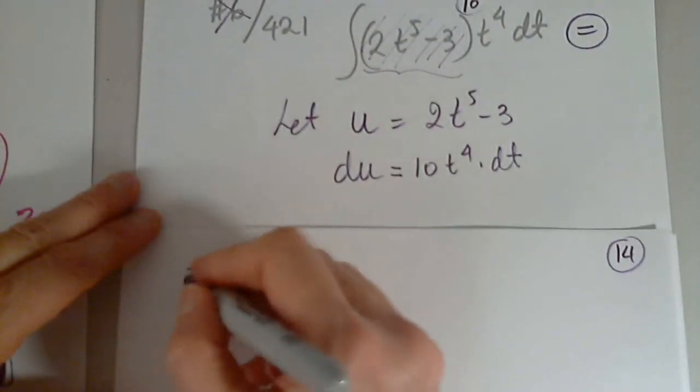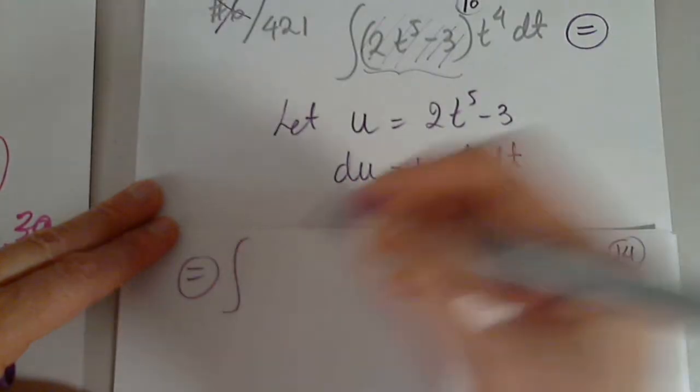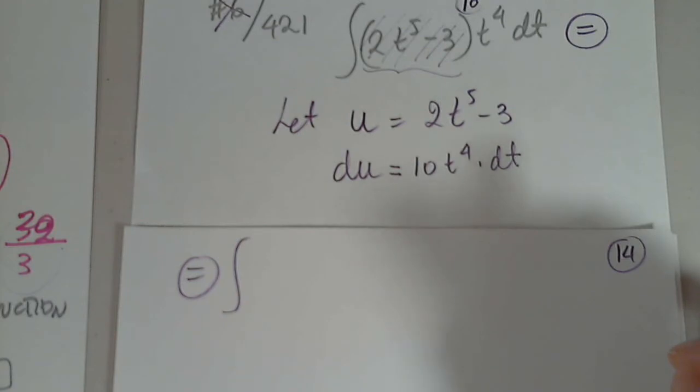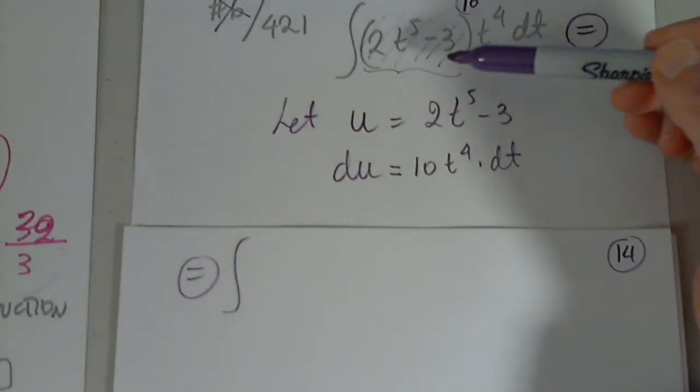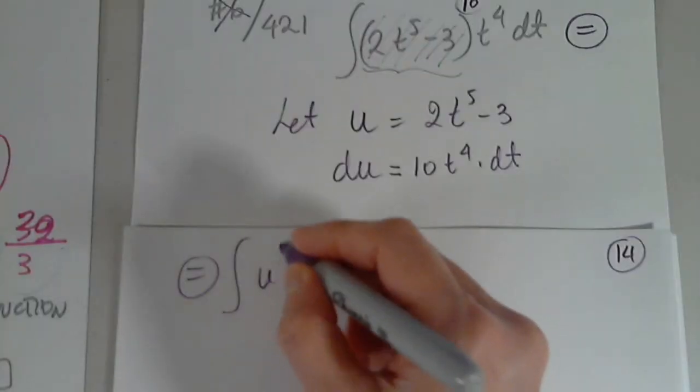When I create a new integral, it can no longer have t in it. So this piece is obviously u to the 10th.